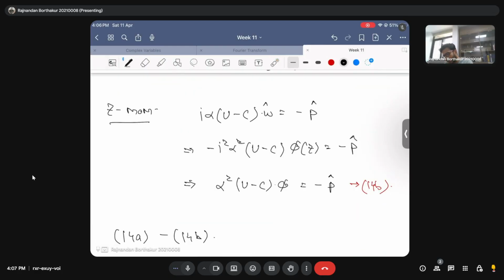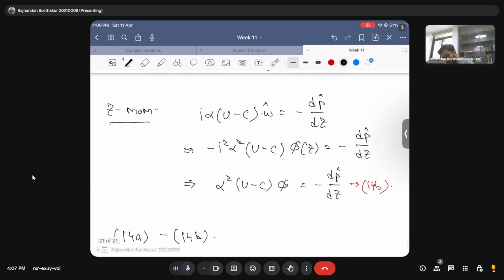Yes, this is p prime, or you can simply write it as minus dp hat by dz.